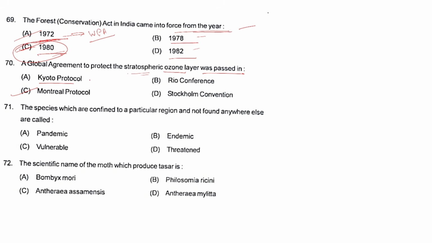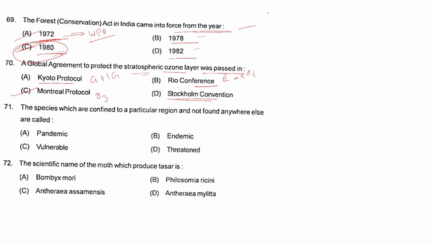Let me tell you. Kyoto Protocol was for greenhouse gases. Then your Rio Conference was the Earth Summit. Then your Montreal Protocol was for ozone. So the right answer for this will be Montreal Protocol.